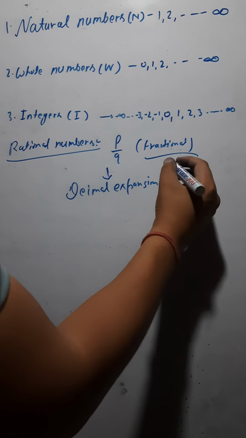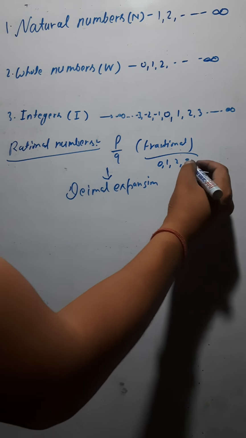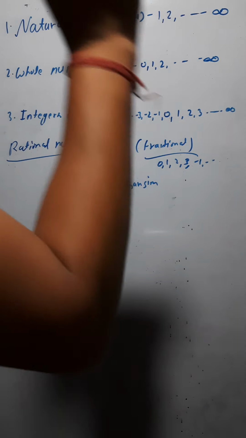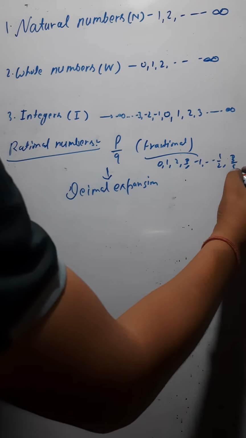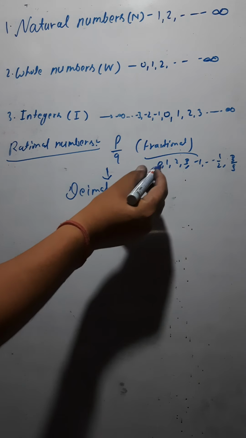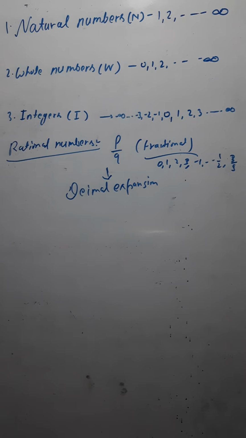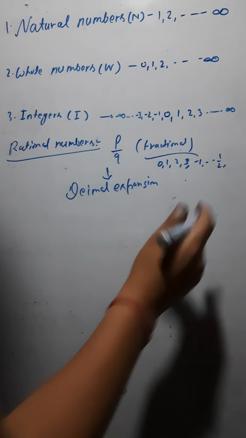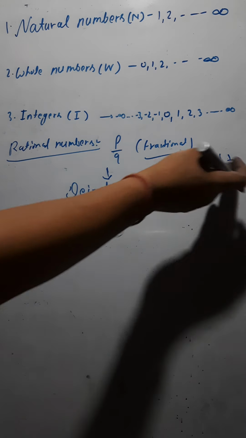So what are the rational numbers here? 1 is a rational number, 0 is also a rational number, 2 is also, 3 is also, -1, -2, all these are rational numbers. Then you have 1 by 2, then you have 3 by 5, etc. So all the fractional numbers, positive, negative, all these are rational numbers. So 1 by 2 is also a rational number. 1 by 3 is also, because it is in the form of a fraction. This is also a rational number.